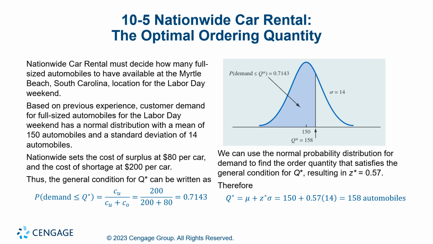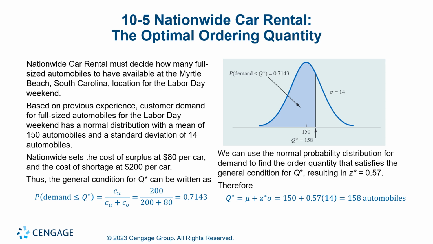We just plug in CU and CO into the equation, and we have a probability of 0.7143. If we look at this graph, this probability is just over the mean of 150, and the corresponding Z value is 0.57.